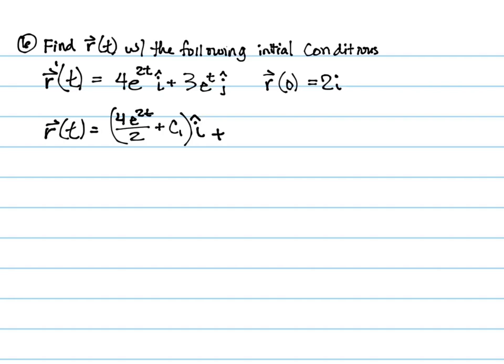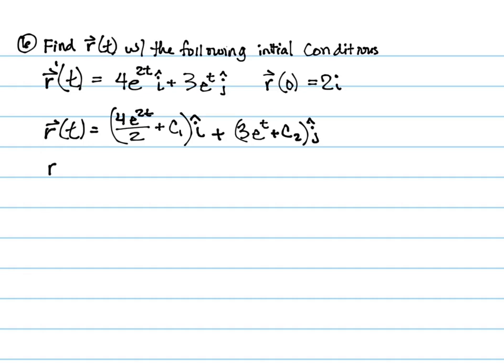And then how about the antiderivative of the 3e to the t? That one doesn't change, so it's 3e to the t plus c2, j. Now the kicker here is that this is supposed to, if I evaluate it at 0, equal just the 2 in the i component.